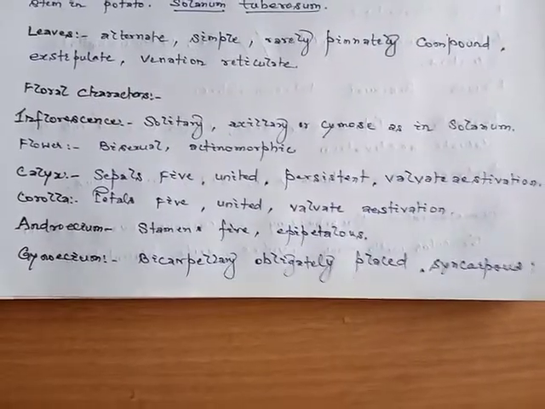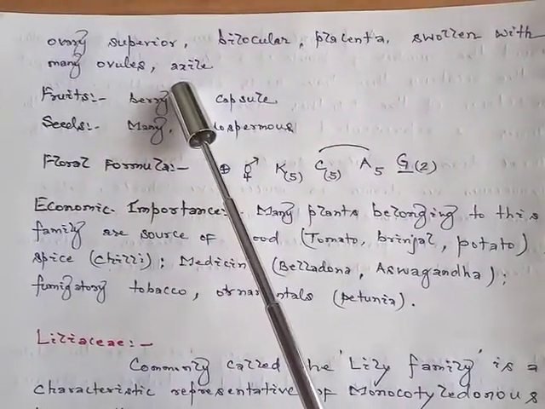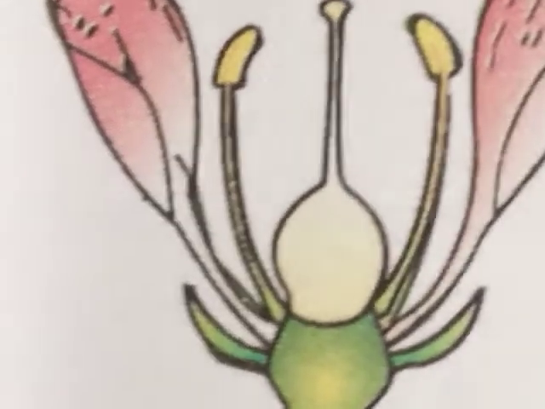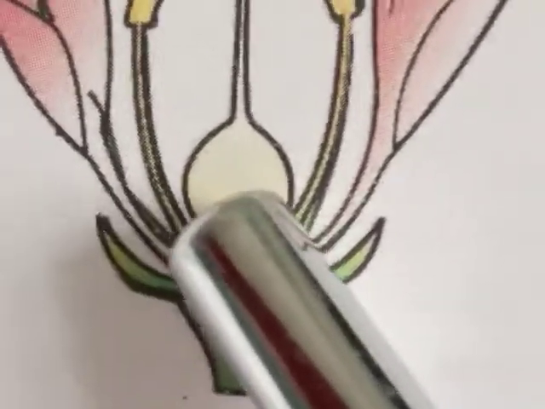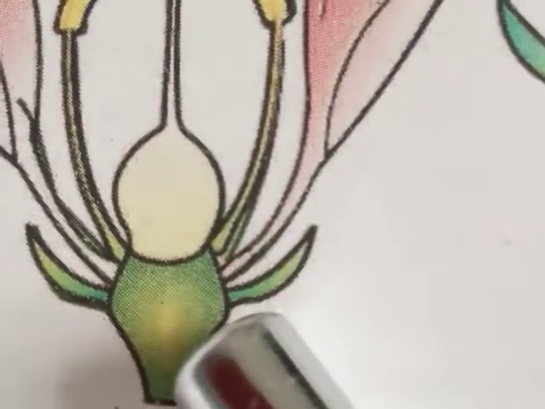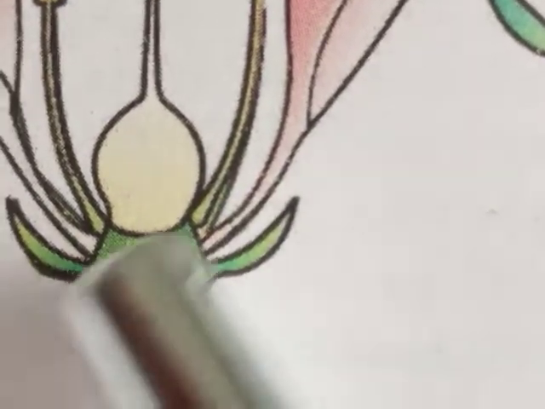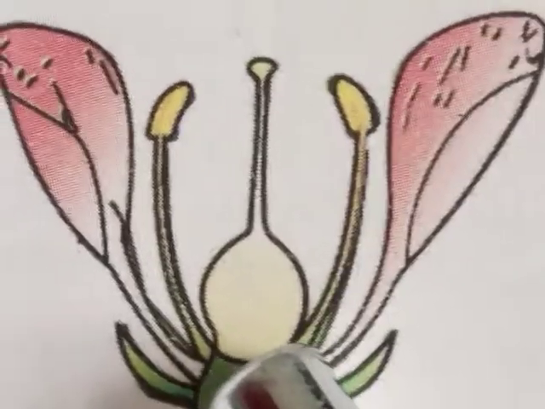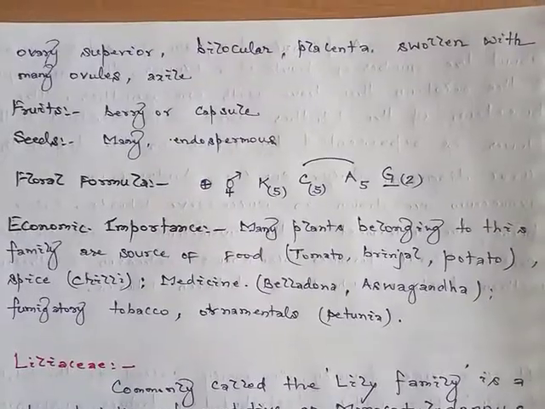Ovary is superior, meaning the flower is hypogynous, in which the gynoecium occupies the highest position while the other parts are situated below it. So the ovary is superior in the case of family Solanaceae.